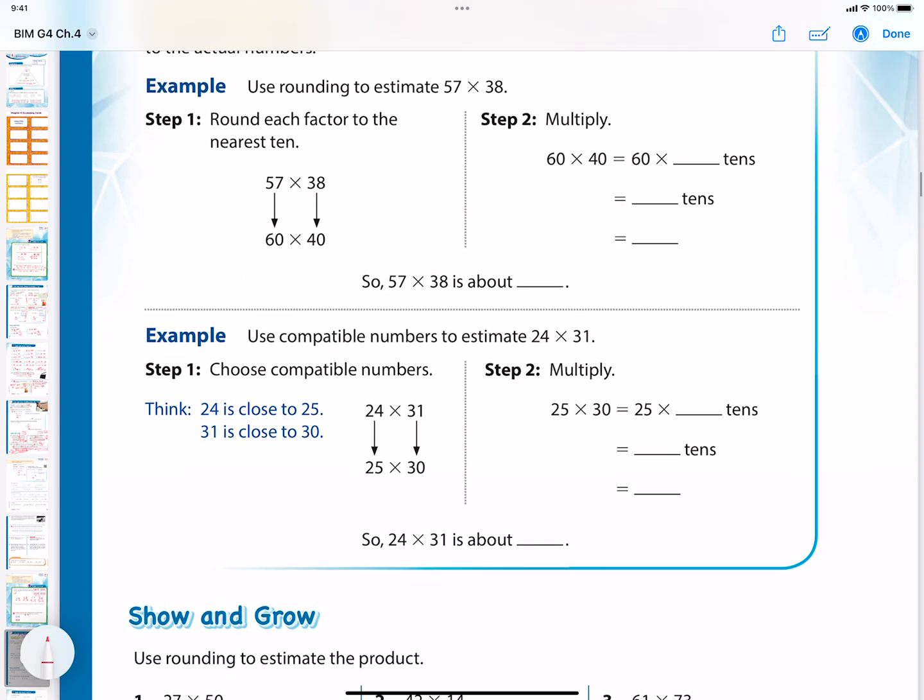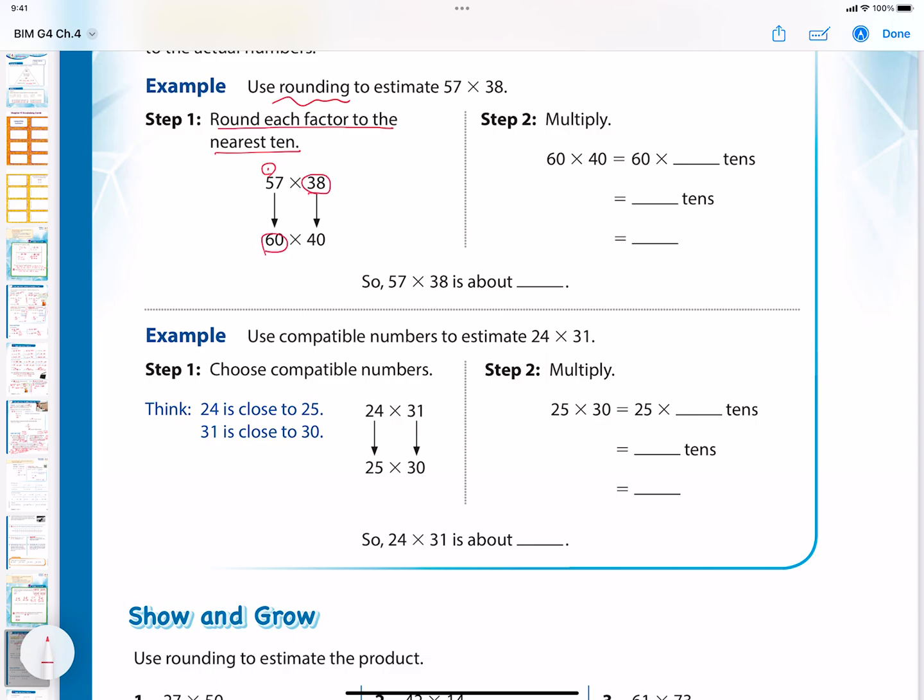Example, use rounding to estimate 57 times 38. We know rounding. This is very easy peasy lemon squeezy, right? Round each factor to the nearest 10. 57 is closer to 60 or 50? Yes, 60 here.